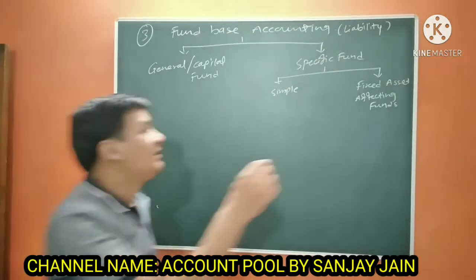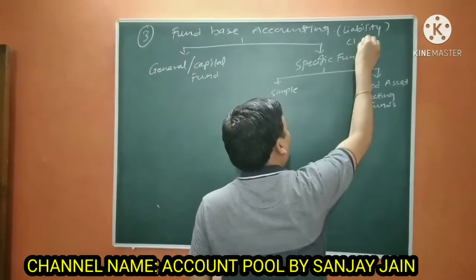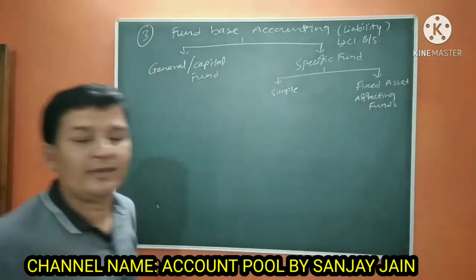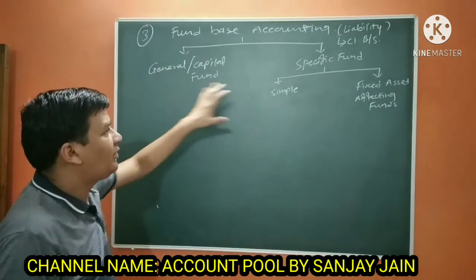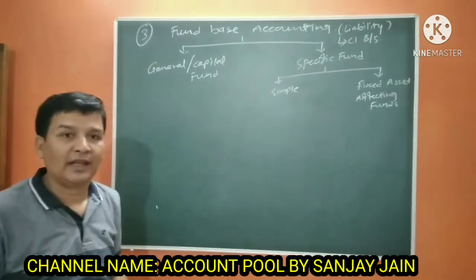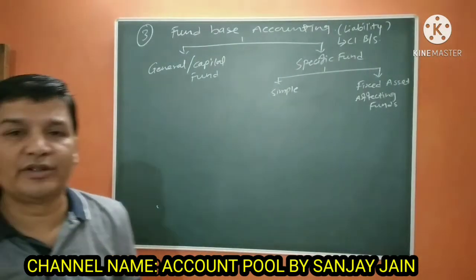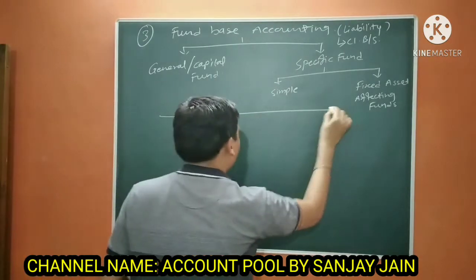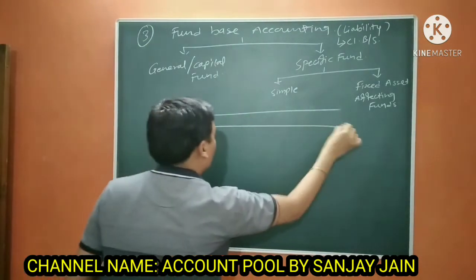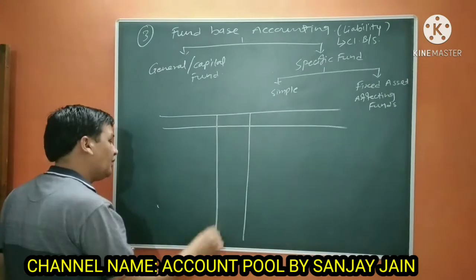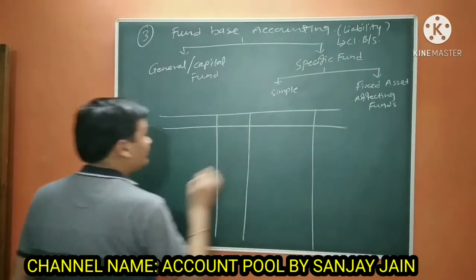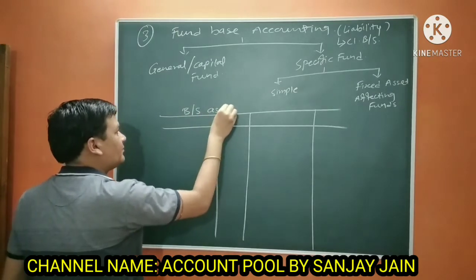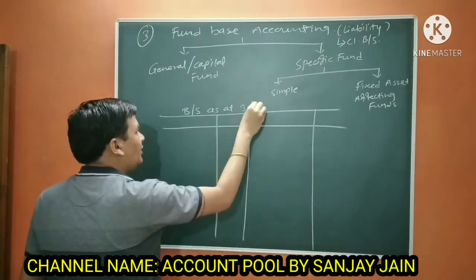That means this liability is of the closing balance sheet. This belongs to the closing balance sheet. Now we are going to do all these adjustments in the closing balance sheet. So I am going to prepare your closing balance sheet for you, so that you will remember these things. Balance sheet, as generally we do, in closing.